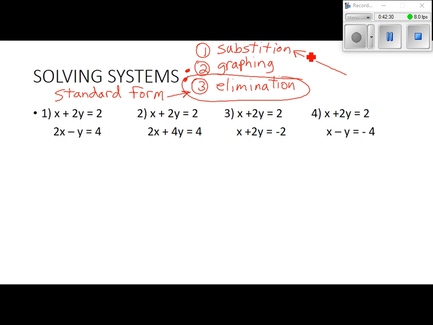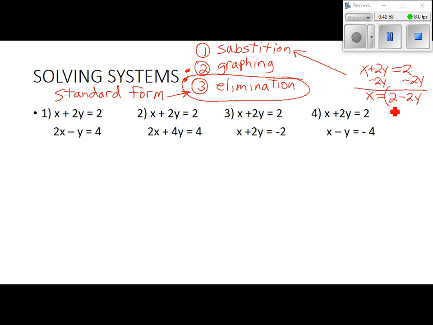With substitution, if I was going to do it for this equation, I've got x plus 2y equals 2. If I want to use substitution, then I've got to get one of these variables all by itself on one side. Here it's not too hard. If I wanted to get the x variable by itself, I just subtract 2y and I end up with x equals 2 minus 2y.